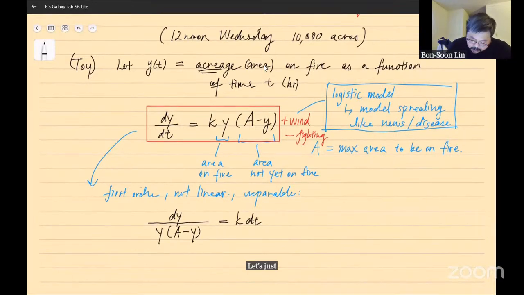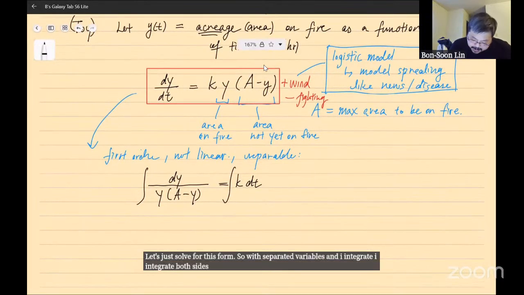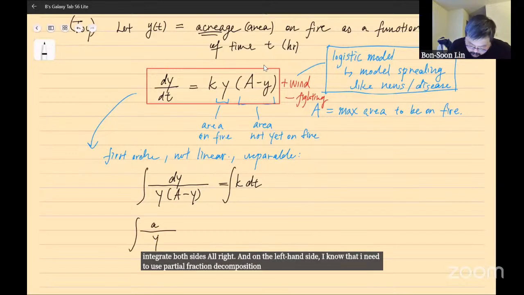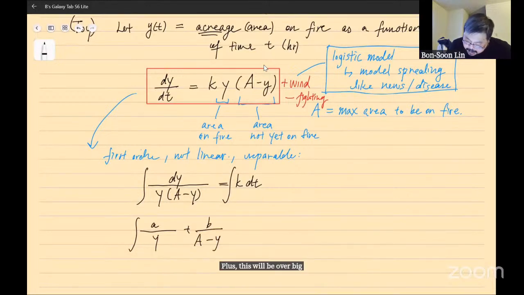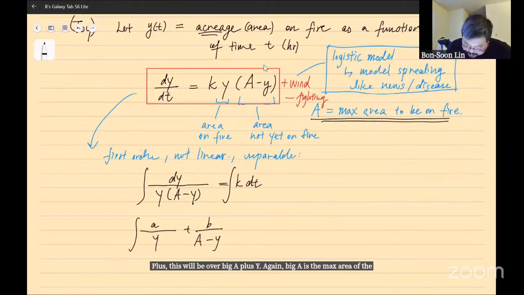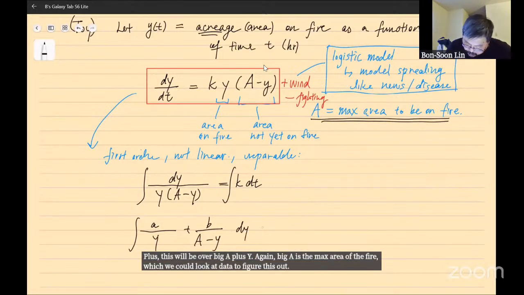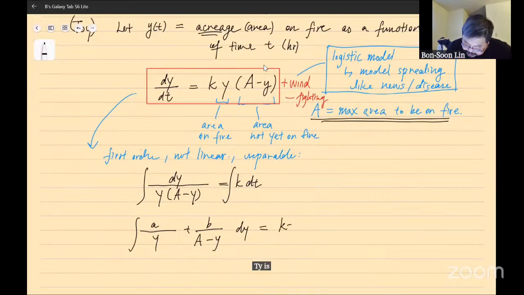So we separated variables, and I integrate both sides, all right? On the left-hand side, I know that I need to use partial fraction decomposition, so I write little a over y plus little b over big A minus y, dy is equal to kt plus c, okay? Again, big A is the max area of the fire, which we could look at data to figure out.